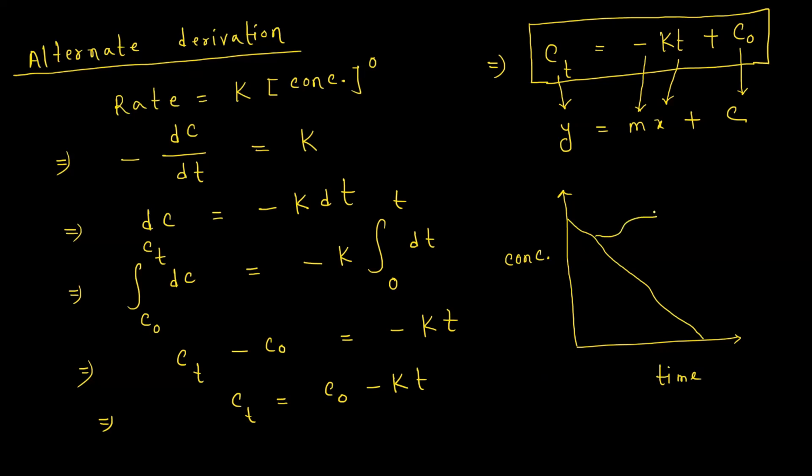And the slope of the straight line will be negative k, and this y-intercept is our C naught.